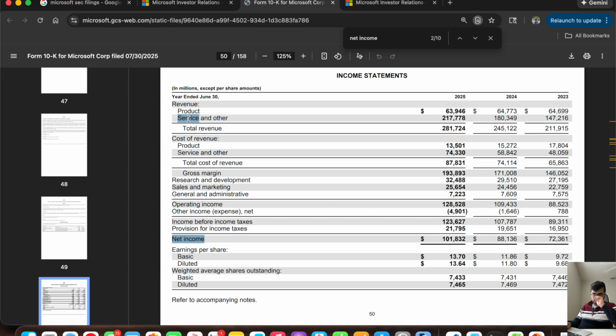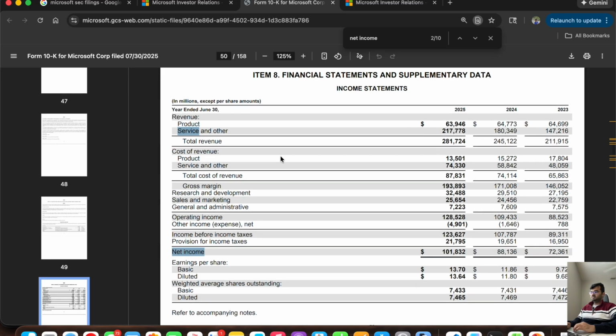I'll put the link to the fundamental analysis of Microsoft, which I did, in the comment section. Please make sure to watch it. But for now, I'm just assuming that we know the background of Microsoft, what business they are in, and what each and every line item in the income statement means. With that assumption, let's get started.